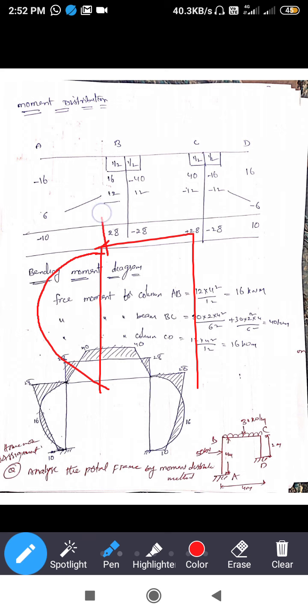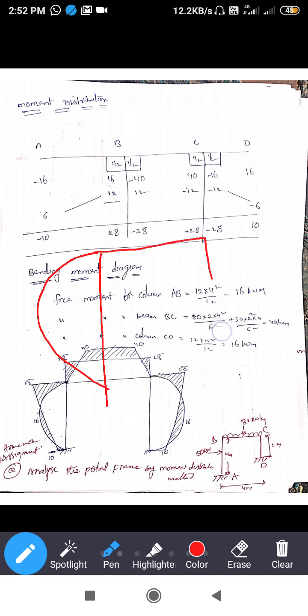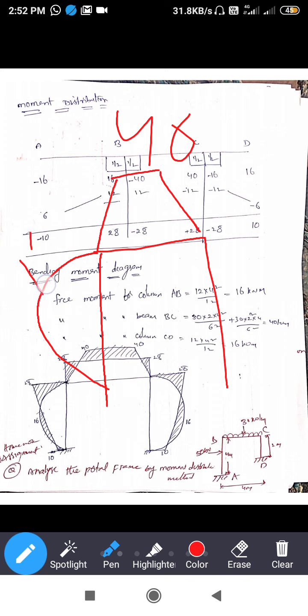40. This is the 40. This is 16. So here also the UDL load is 16. So next you can use the moment distribution moments.